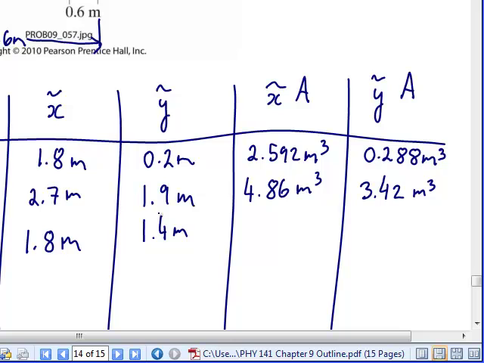And we can multiply those. Weird. 4.86 meters cubed. 3.7.